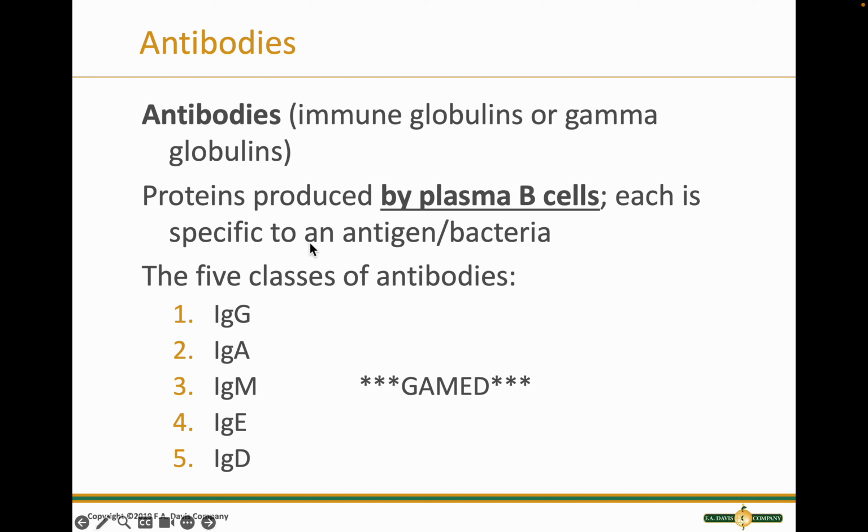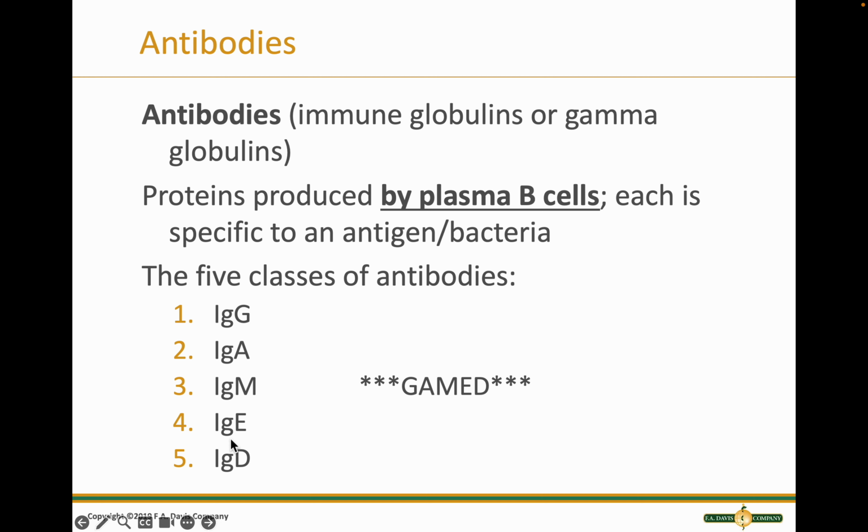But really, what's happening is you create memory B cells that last somewhere on the order of 50 to 80 years in your body, so that if you get that same flu infection, your body will respond very quickly, and the memory B cells will tell the body to produce their cousin, plasma B cells, and those will produce a bunch of antibodies against the flu bacteria.